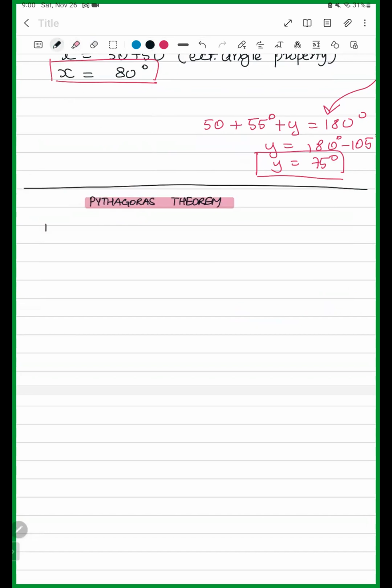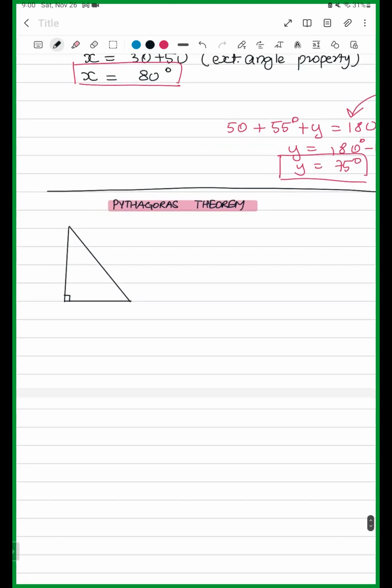Pythagoras theorem comes into play when we have a right angled triangle.